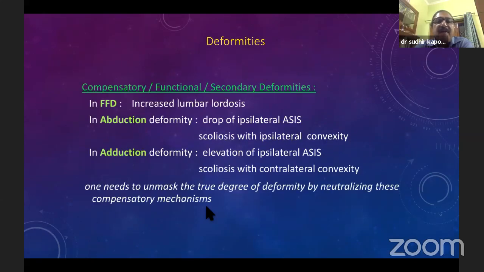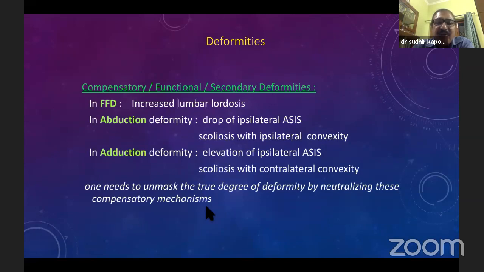Now, this is about a person who has got a hip joint which is deformed. A patient cannot walk unless the body compensates. In a case of fixed flexion deformity, the compensation occurs by increased lumbar lordosis. In adduction deformity, the compensation occurs by drop of the ipsilateral anterior superior iliac spine and lower lumbar spine scoliosis with ipsilateral convexity.